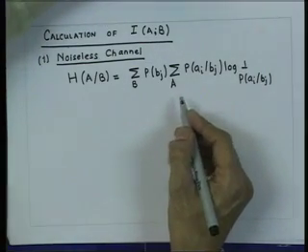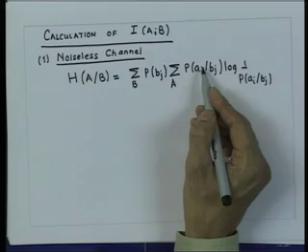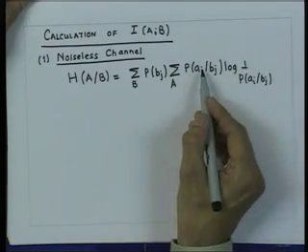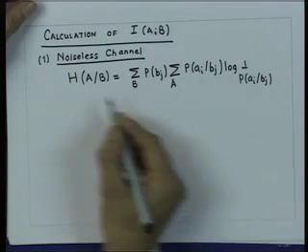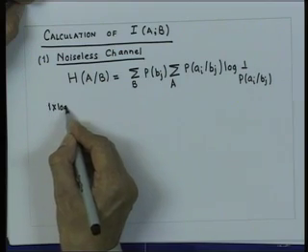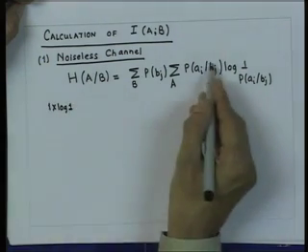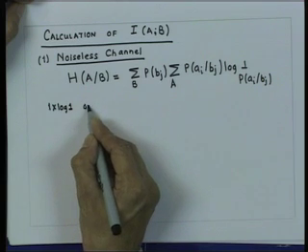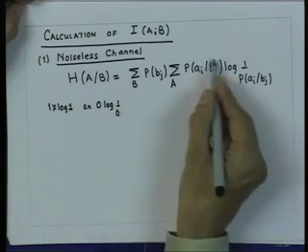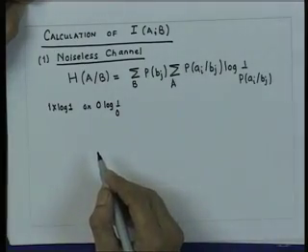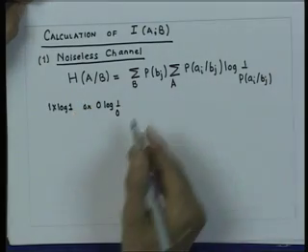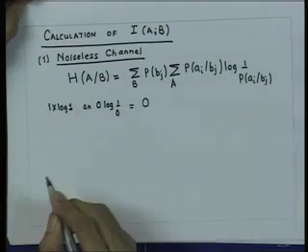Now, each term in the inner summation is of the form 1 multiplied by log 1, if the probability is equal to 1, or 0 multiplied by log 1 by 0, if this quantity is 0. It implies that H of A given B will be equal to 0.